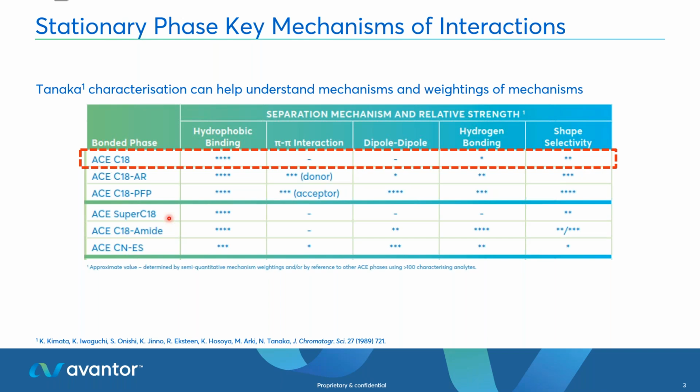I'm not 100% sure if this question may be relevant for ACE columns, but do you have a suggestion on which columns would be a good starting point for polymer-based functional groups? It depends which kind of polymeric groups, I'd say. We might have to go back and ask a bit more about that one.